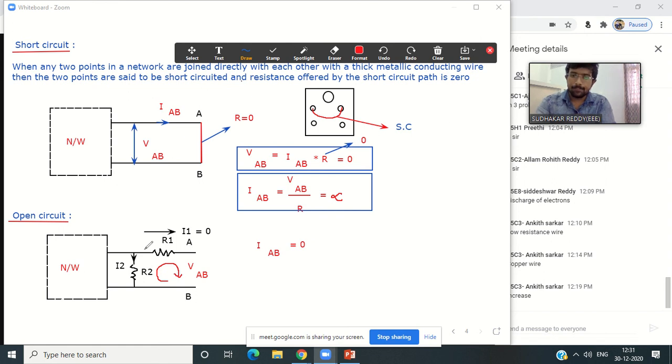So what is the polarity here? Negative. Good. Now, is there any voltage drop across this resistor R1?